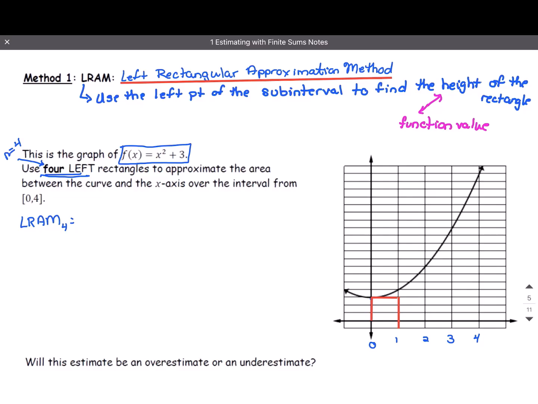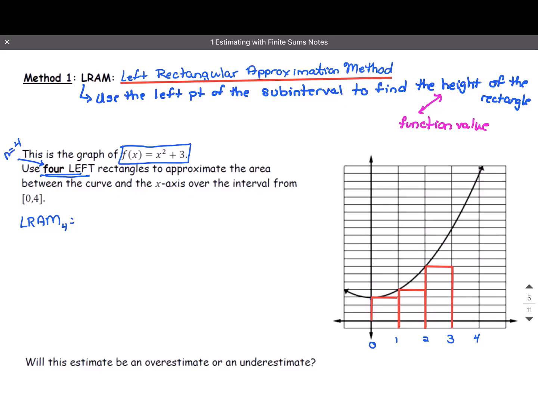Now between 1 and 2, 1 is on the left, so we use 1 to find the height of the rectangle and bring that over to the end of the interval, which is at 2. From 2 to 3, 2 is on the left, so we use the 2 to find the height of the rectangle and bring it over the length of the interval.